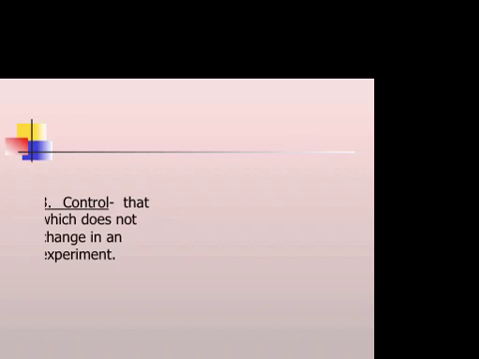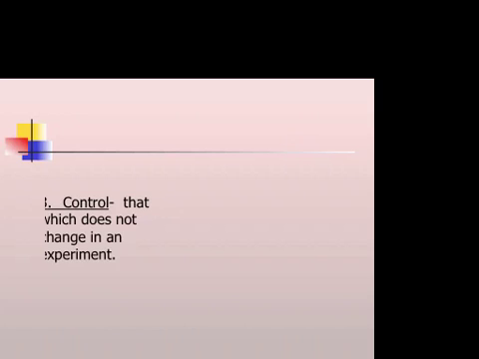And then the controls get pretty insane when you think about all the different controls that need to be put in place. So that's basically the three types of variables. What I want to do next, I'm going to have you guys work with your partners, and we're going to do a worksheet in which you guys are practicing to identify the controls, manipulated variable, and the independent variable.